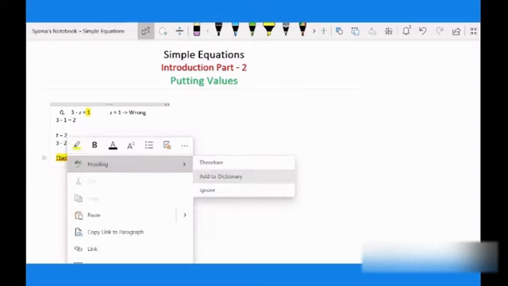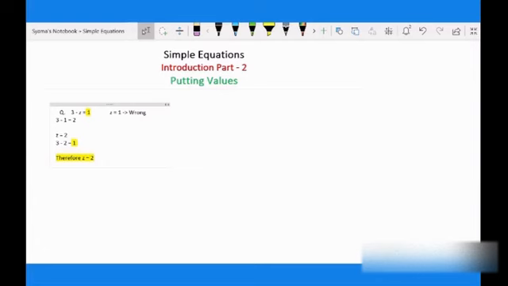Now you may not get only one constant and one variable.